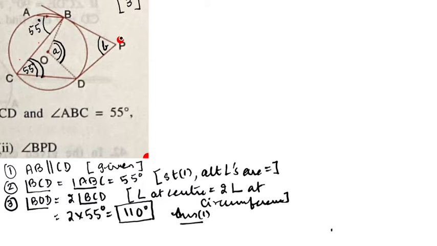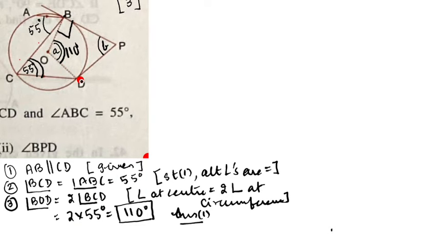Okay, now we have to focus on B and connect it with this 110. We have to find this angle. So you will see in this quadrilateral OBPD, this is 90 degrees because B has this BP as a tangent. So tangent and the radius at the point of contact are perpendicular.